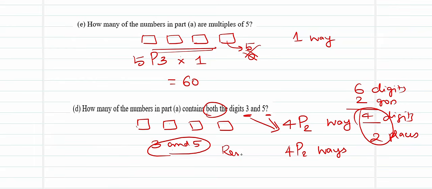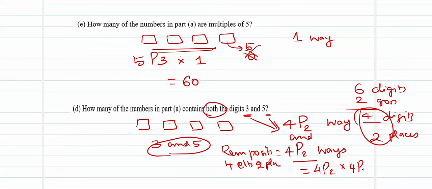So both of them combined can be done in how many ways? This is 4P2 into 4P2, so 12 into 12, that makes it 144 ways.